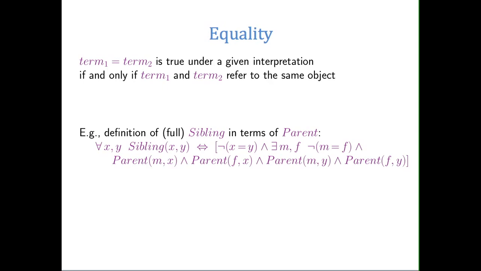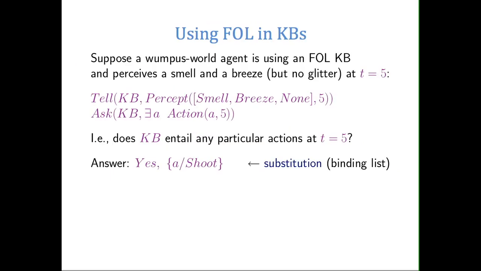We can say, for all x and y, sibling x and y is equivalent to saying that x is not equal to y, and there exists some m and f, such that m is not equal to f, in other words, your parents are different people, and m is the parent of x, and f is the parent of x, in other words, x shares the parents m and f, and y also shares parents m and f.